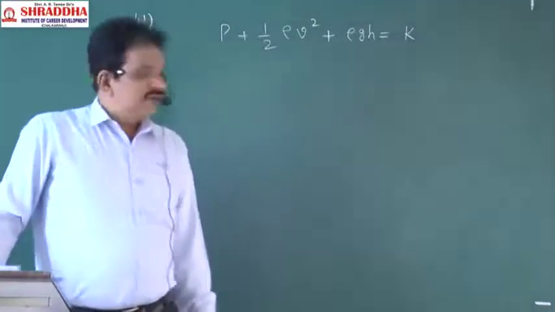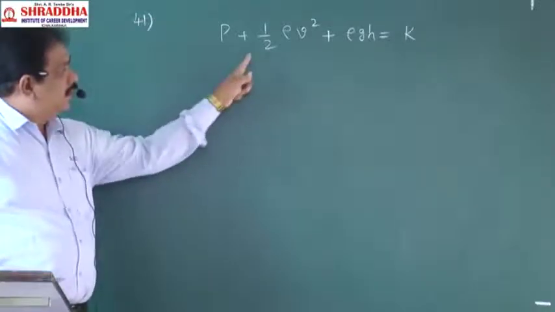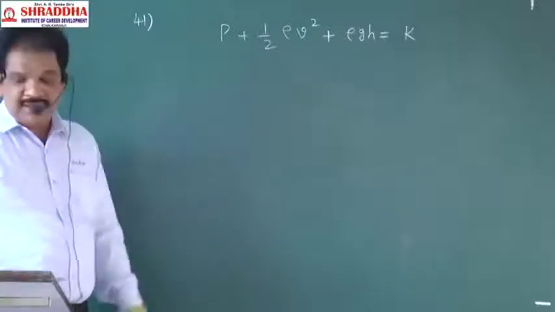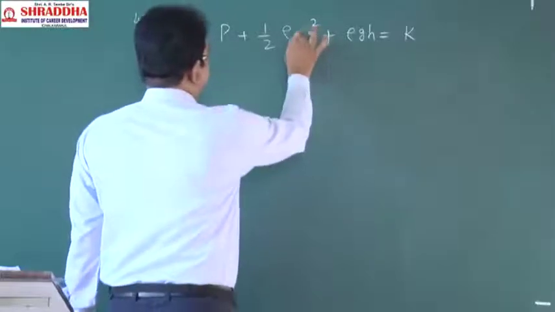So Bernoulli's theorem states P plus half rho V square plus rho g h is equal to K. Here they used capital V, you can also use capital V, nothing wrong.